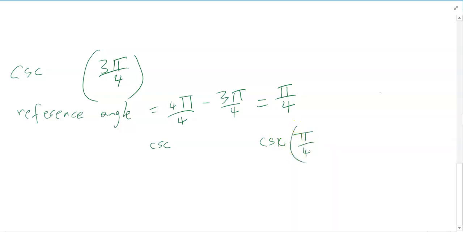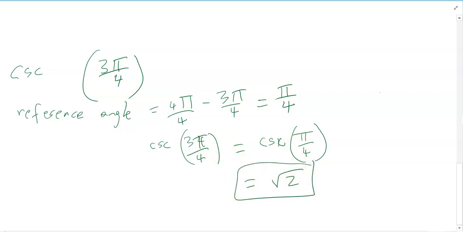So the cosecant of pi over 4 is the same as the cosecant of 3 pi over 4. So that's going to be radical 2. And that is how you find things using reference angles.